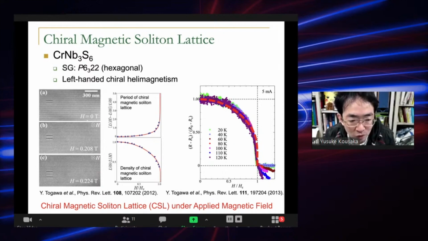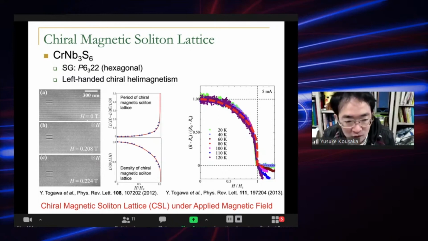The increasing period can be changed by the amplitude of the applied magnetic field. This period is well fitted by the formation of the chiral soliton lattice. This period affects magnetic properties such as the magnetoresistance and so on. So this is why this compound is very, very interesting.